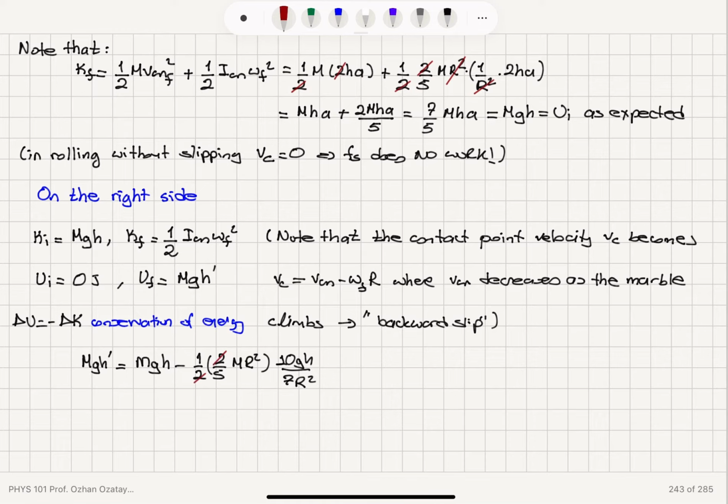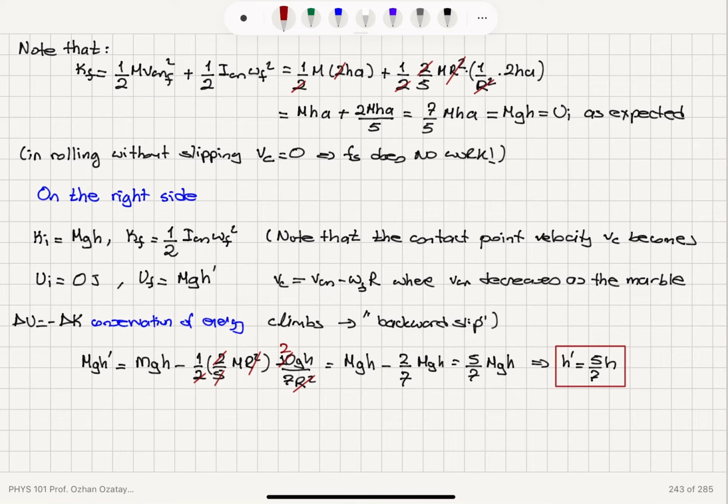The r squares will disappear as well, and this 5 will make this 10 a 2, and we will be left with mgh minus 2/7 mgh, which is 5/7 mgh, and therefore we will see that h prime will be equal to 5/7 h. So that's what we obtain from conservation of energy.